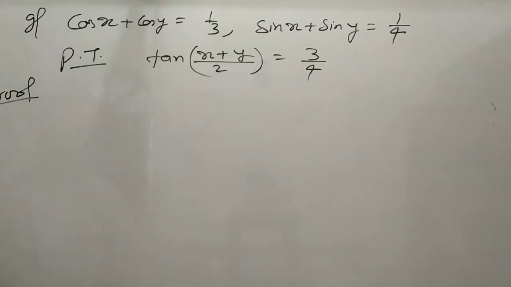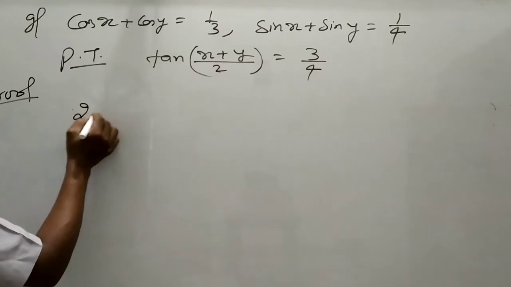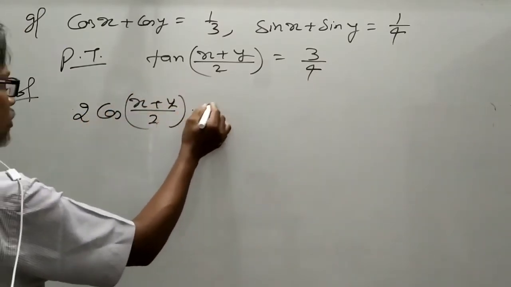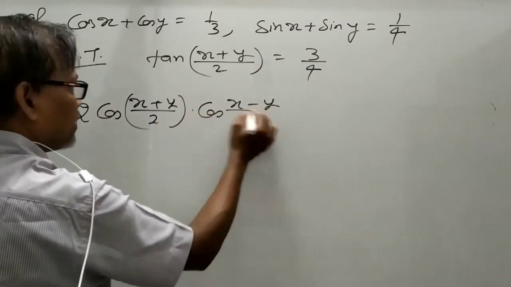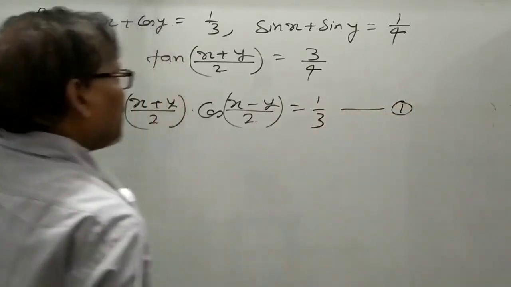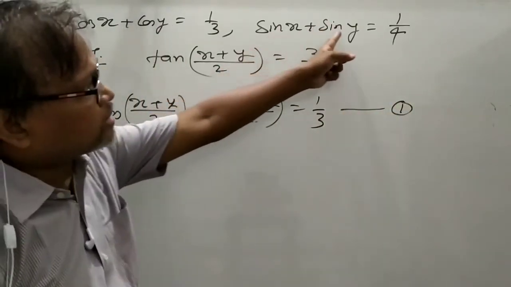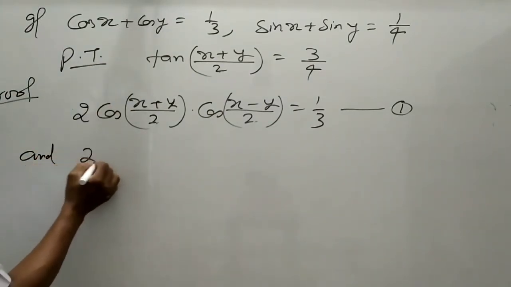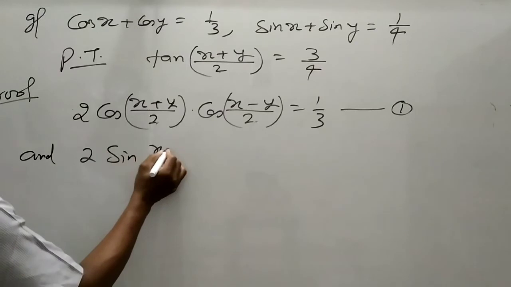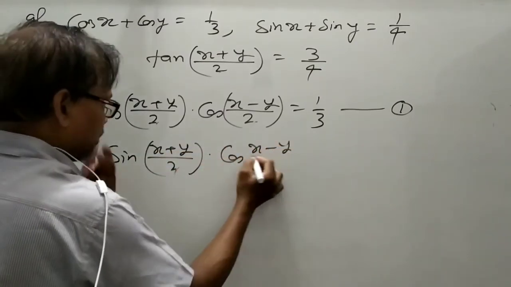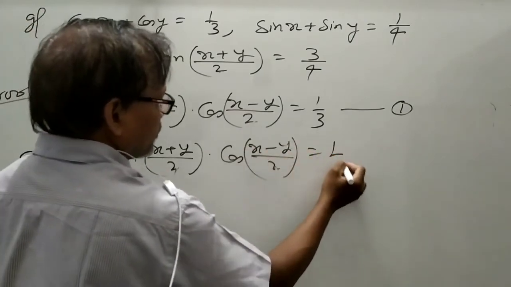Directly use the formula of cos c plus cos d. So cos c plus cos d means 2 cos (x plus y) by 2 and cos (x minus y) by 2 is equal to 1 by 3. Apply the formula of sin c plus sin d here, and 2 sin (x plus y) by 2 cos (x minus y) by 2 is equal to 1 by 4.